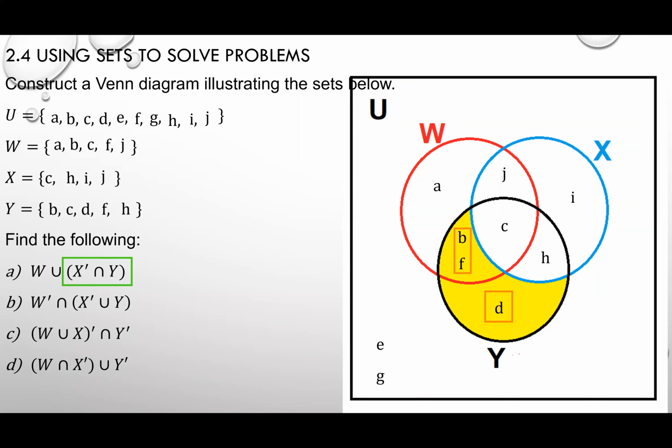This is the item in my parenthesis. In my parenthesis, I'm looking for items outside of my X circle, but those items have to be in my Y circle. So the items that are outside of X and inside the Y are the B, the F, and the D.